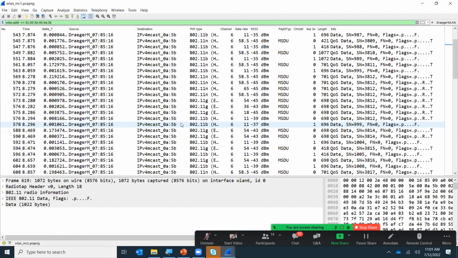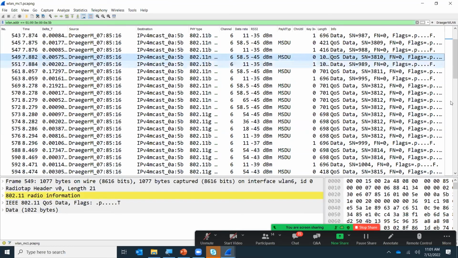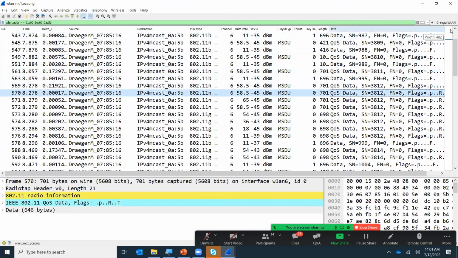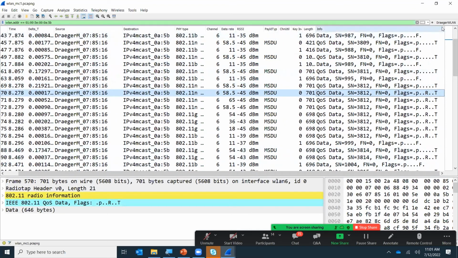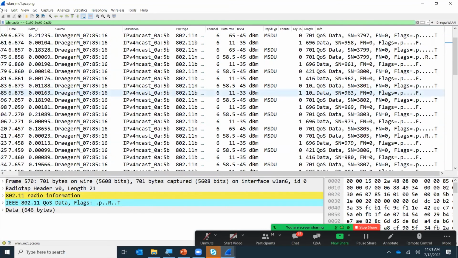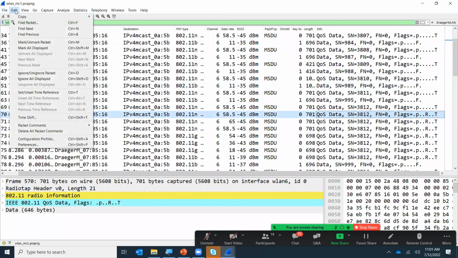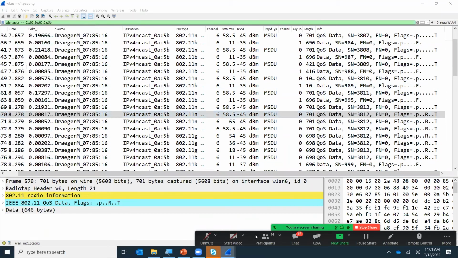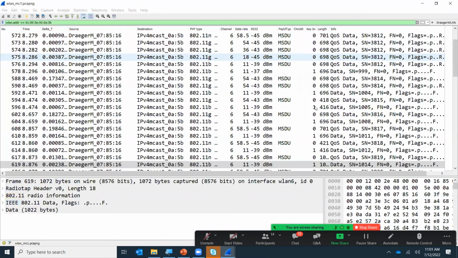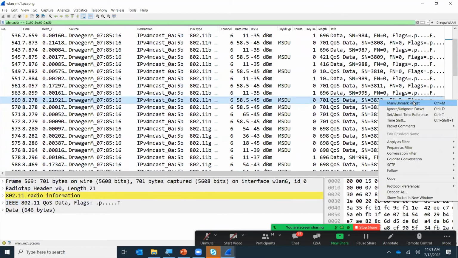Now I'll zoom back in and slide over so you can see those. Shouldn't I get a slider bar? There we go. Where's my mark? I didn't mark yet. All right, we'll go back to the graph, click on another frame number. There we go. So let's mark.